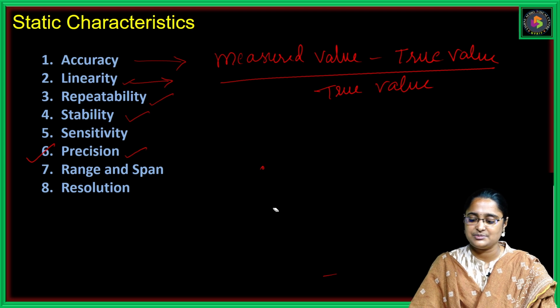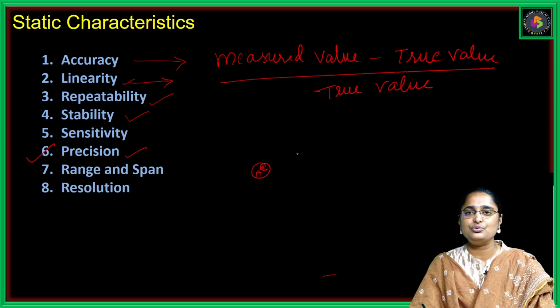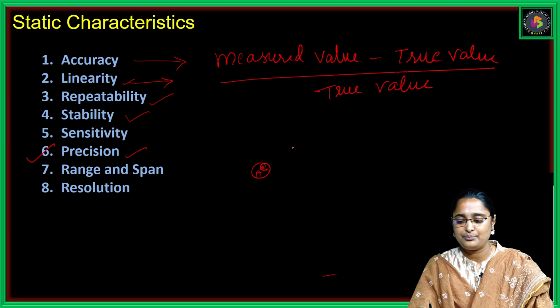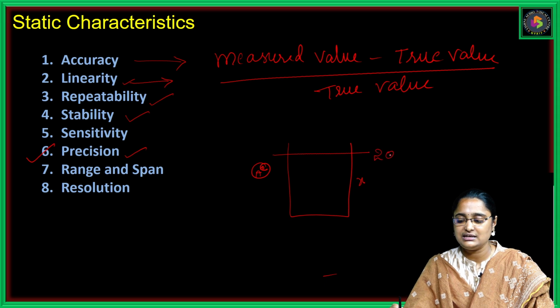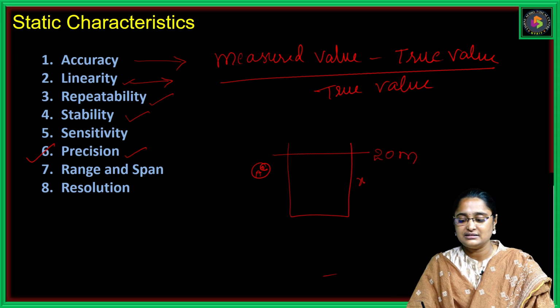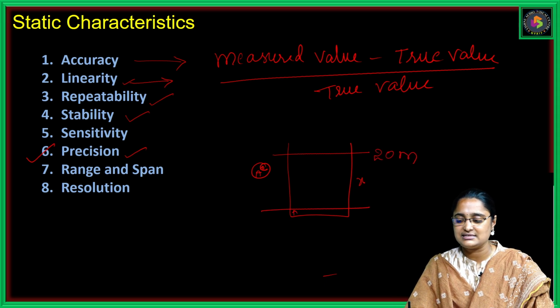So what does range mean? For example, I have a transducer A and I have to put it in a boiler tank of so-and-so length, and it has an upper maximum limit of fluid filled up to 20 meters, and from the bottom it starts at 2 meters.